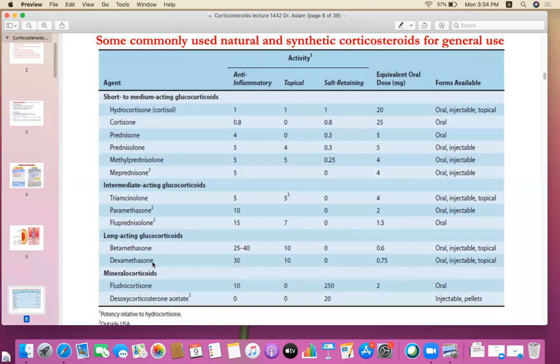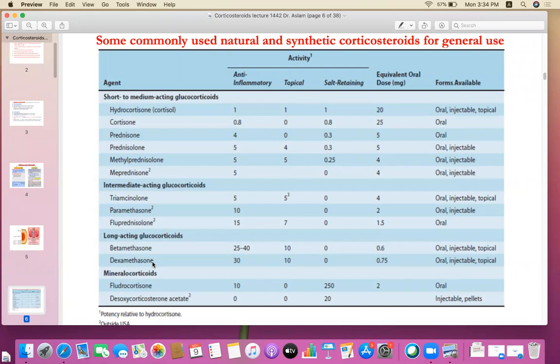What are the benefits of the long-acting glucocorticoids? They act for more than 24 hours, so only a daily dose, one tablet, is enough for the daily use. If we are using the intermediate acting glucocorticoids, we need 2 tablets per day.